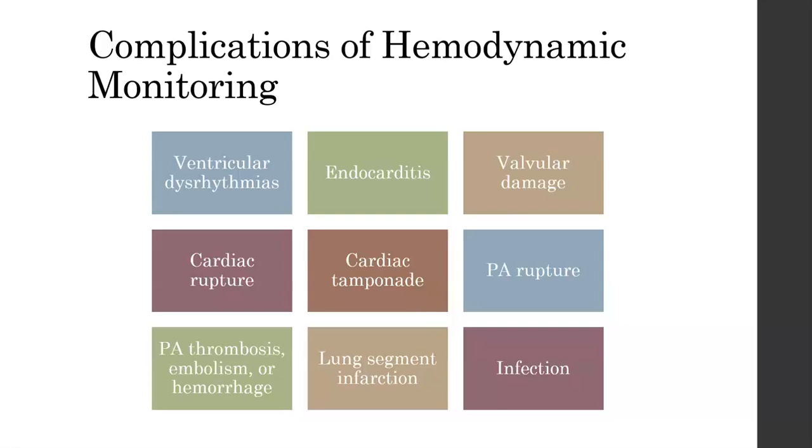We can have tamponade. Our pulmonary artery can rupture if that PA catheter gets moved or dislodged. We can have pulmonary artery thrombosis, embolisms, or hemorrhage. Lung segment infarction, because remember that picture where the PA catheter floats to and sits in that pulmonary artery.